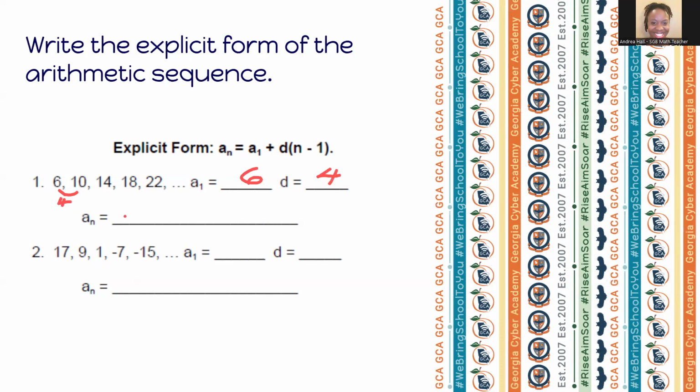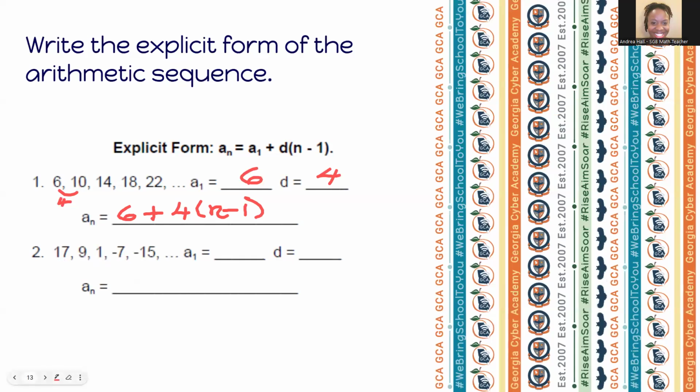So a sub n is going to be equal to 6 plus our common difference, which is 4, parentheses n minus 1. That's it. That's the explicit form. Now, sometimes they might simplify the explicit form by distributing the 4 and all of that. So you might see that sometimes, but this is the explicit form.